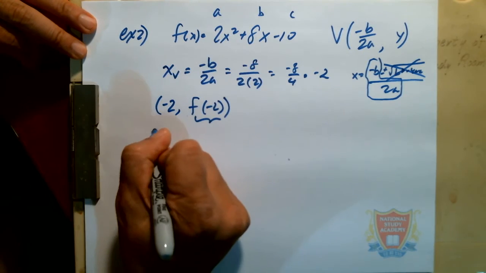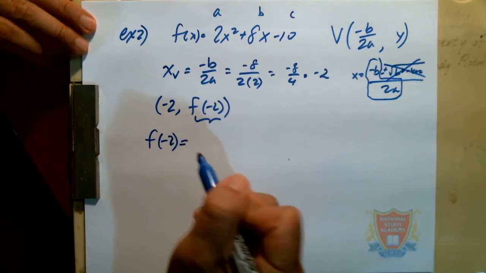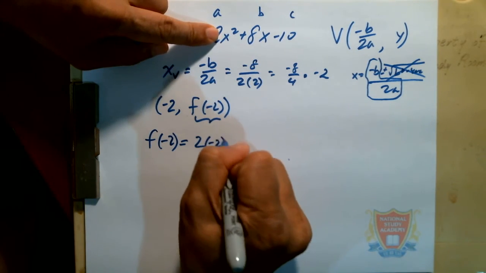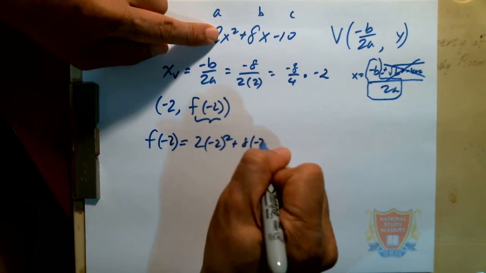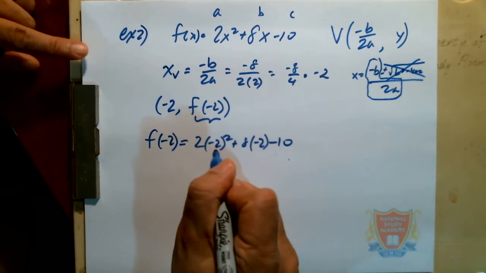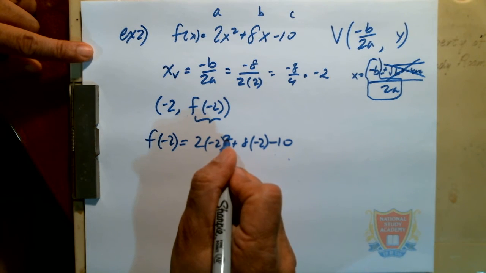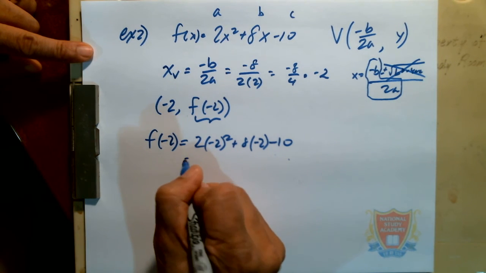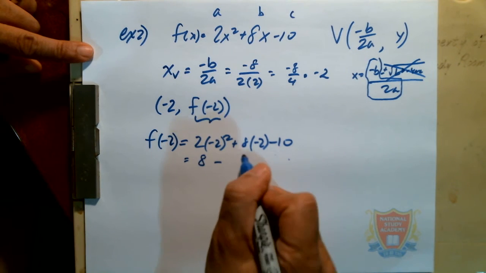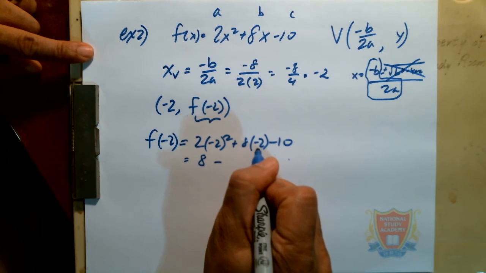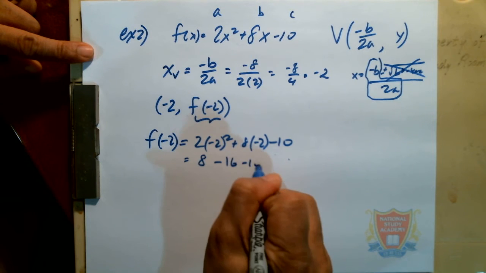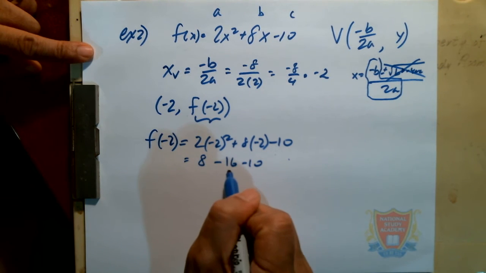Let's plug it in. f of -2 is equal to 2 times -2 squared plus 8 times -2 minus 10. PEMDAS, by convention, says we do -2 squared, which is 4, times 2 is 8. 8 times -2 is -16, minus 10.